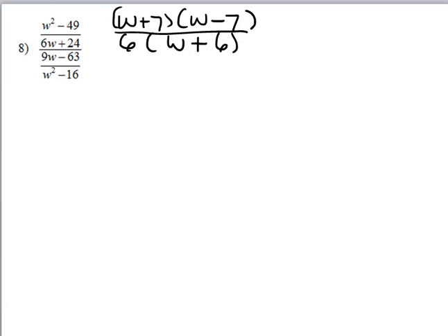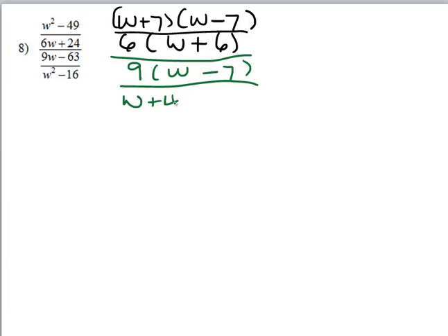And that's the numerator. Now let's take a look at the denominator. So here I can pull out 9, so I have 9 times w minus 7 all over another difference of squares. So that's w plus 4 times w minus 4.